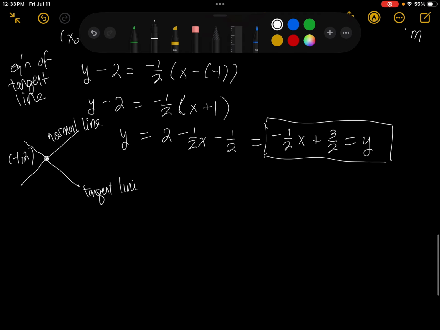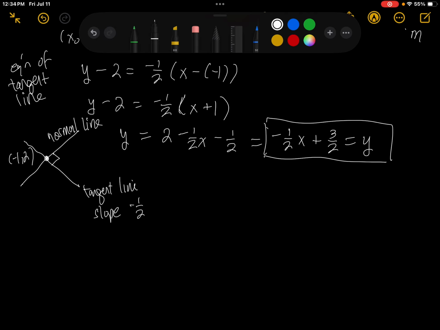So if the tangent line has slope negative 1/2, and you have these two lines that are perpendicular, do you know what the slope of the normal line is going to be? When you have two lines and they're perpendicular, what's the relationship between their slopes? They're negative reciprocals of each other. In other words, when you multiply those two slopes, you're supposed to get negative 1. So based on that, what's the slope of the normal line?